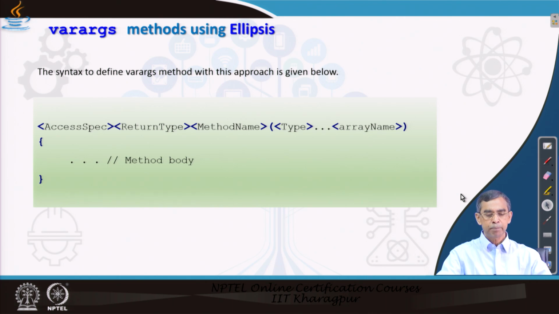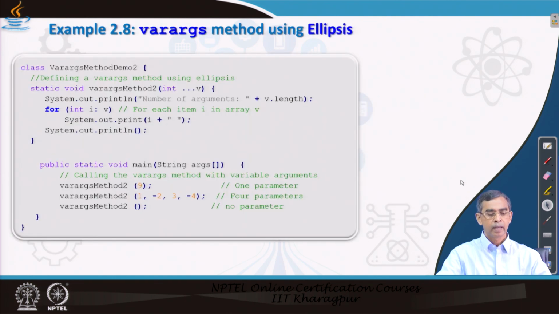This is an example that we can see. It is similar to the earlier one we have done, and this is the var arg method, where we take integer v.